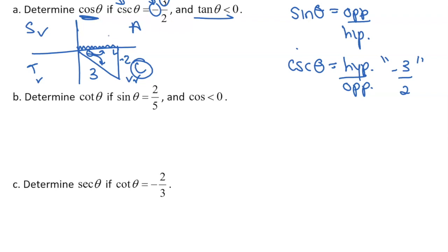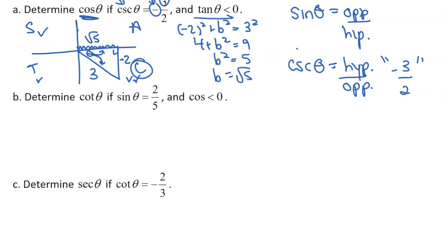And if you do that, you'll find that you would get (-2) squared plus b squared equals 3 squared. So it would be the square root of 5 right here.